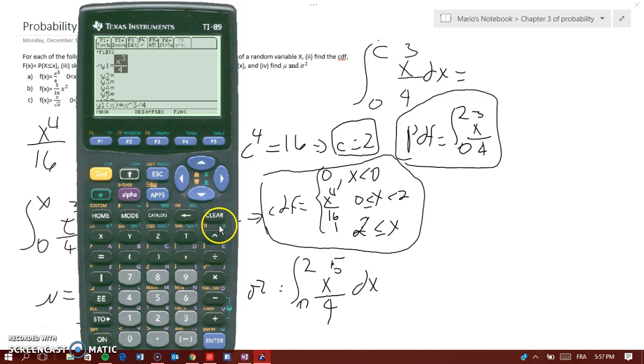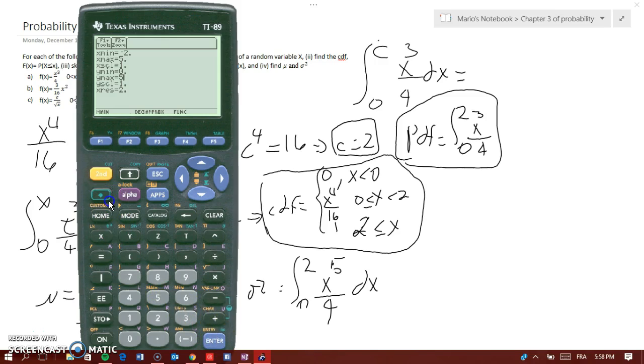And now let's do the CDF. The CDF now would be x to the power of 4 divided by 16, and enter. Now I'm going to change the window because that's going to be really big. I'm going to change y, probably to 5.